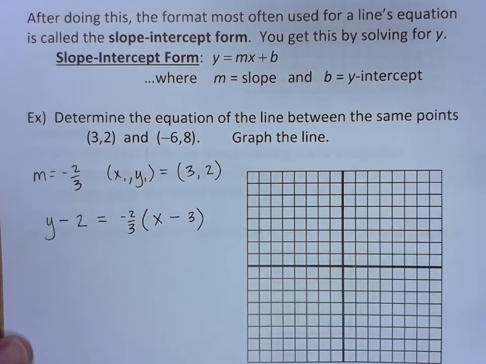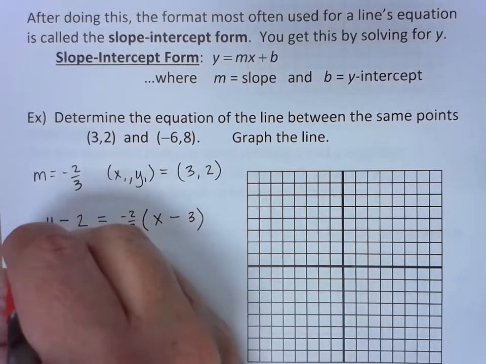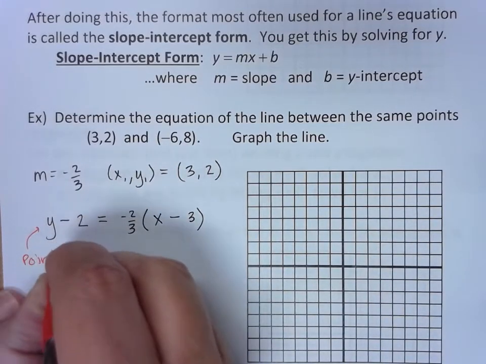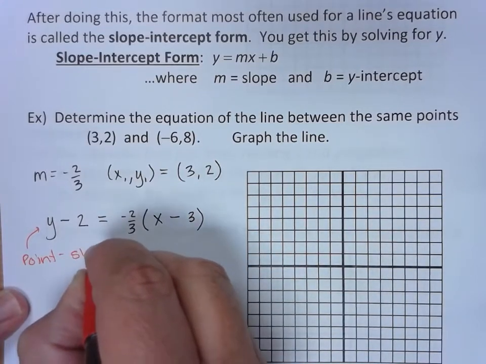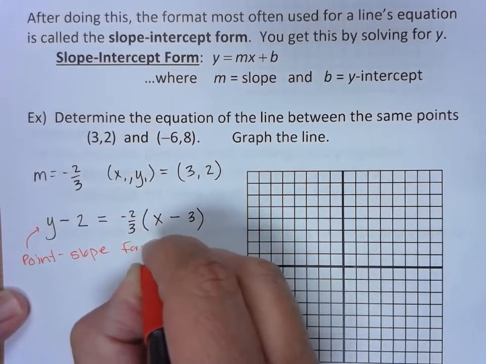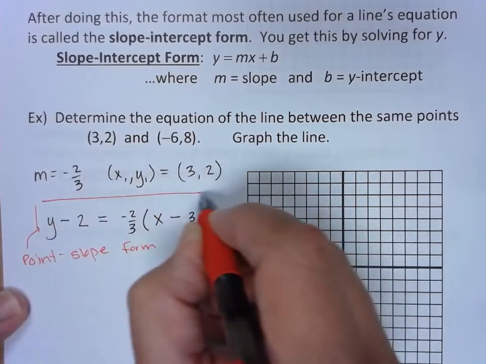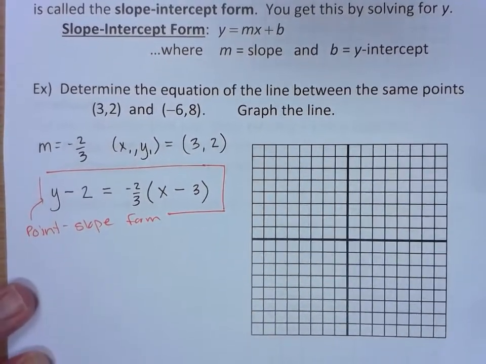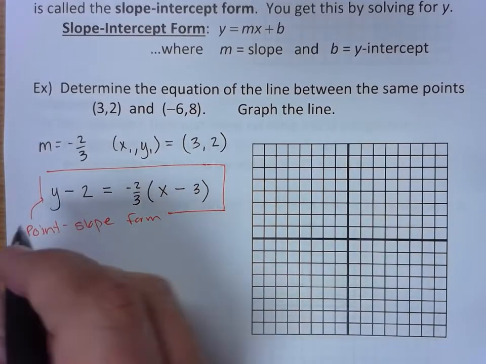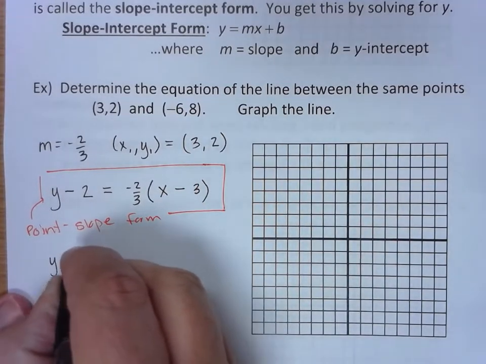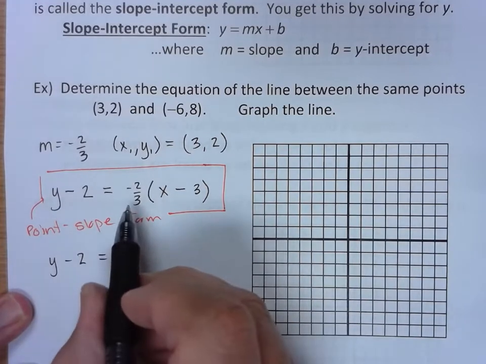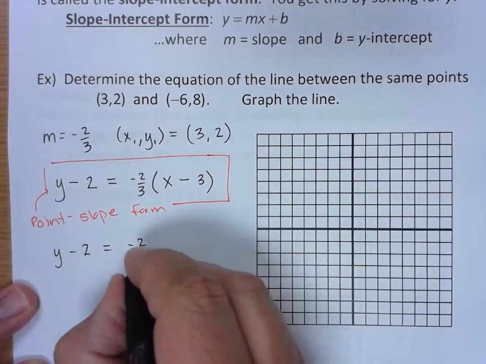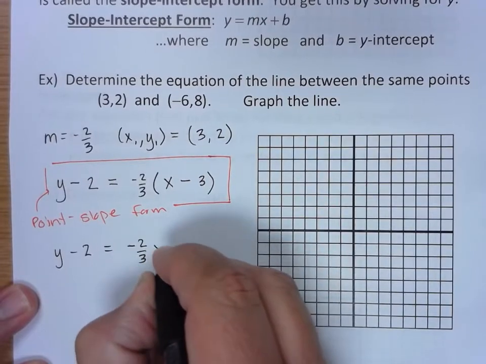So again, let me make sure you're aware of that. This is point-slope form. Put a big red square around that. And then to get to slope-intercept form, you just solve for y. So the first thing you need to do in solving for y is to distribute this negative 2/3 into that binomial. Negative 2/3 times x, we'll just write that as negative 2/3 x.